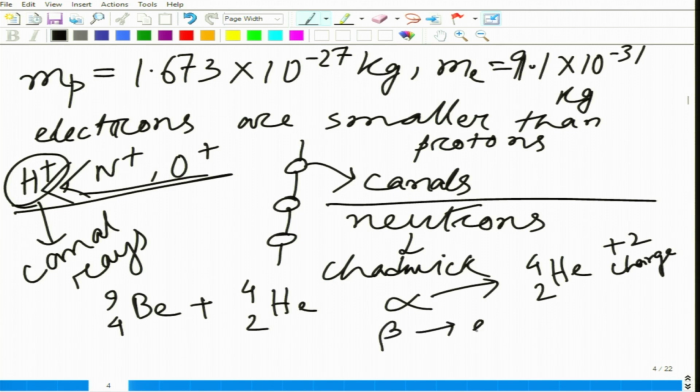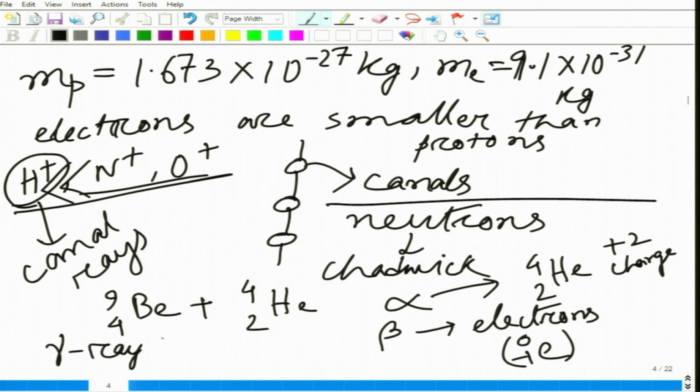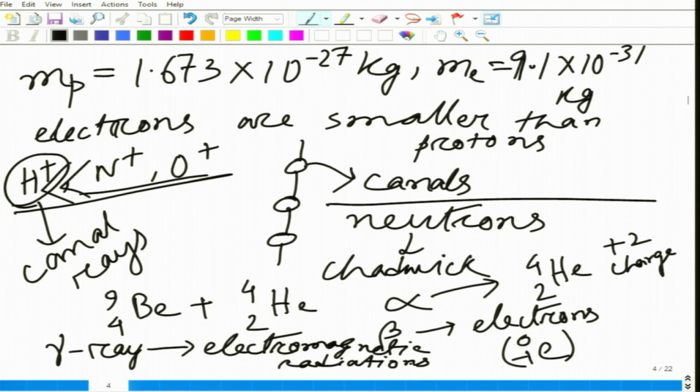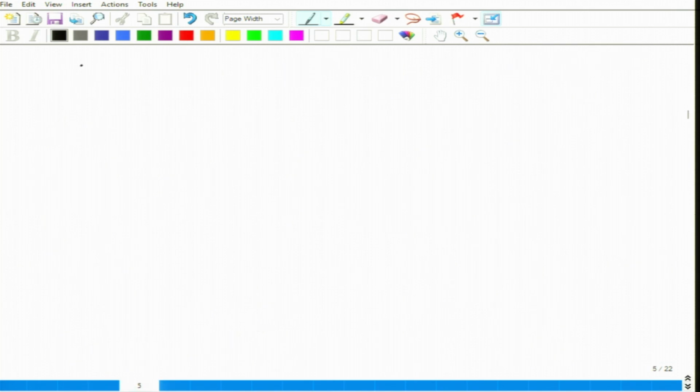Beta particles were electrons, which are written as this, and the third one were gamma rays. Gamma rays are not particles, they are electromagnetic radiations. So, neutrons were discovered by the bombardment of beryllium sheets with alpha particles.